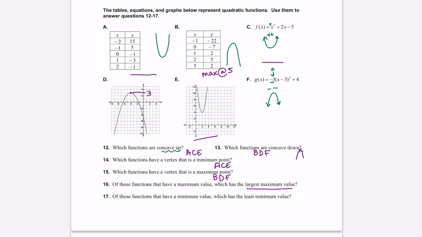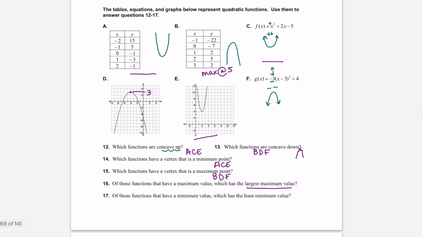Now on F, we want to look at transformations. This -3 makes it go right 3. This +4 makes it go up 4. This value right here tells us what the maximum value is. So it would be at 4. Since 5 is the largest, we're going to put a 5 for our maximum value there.